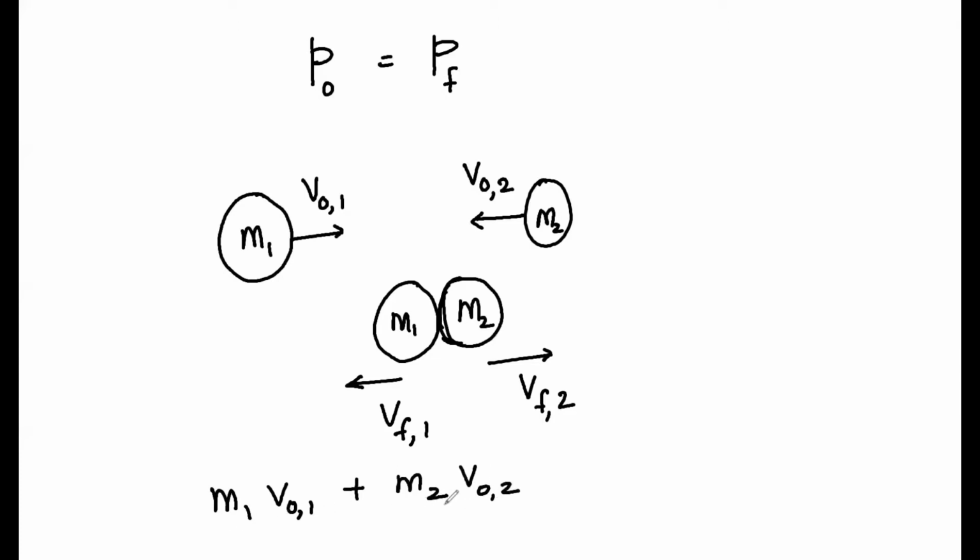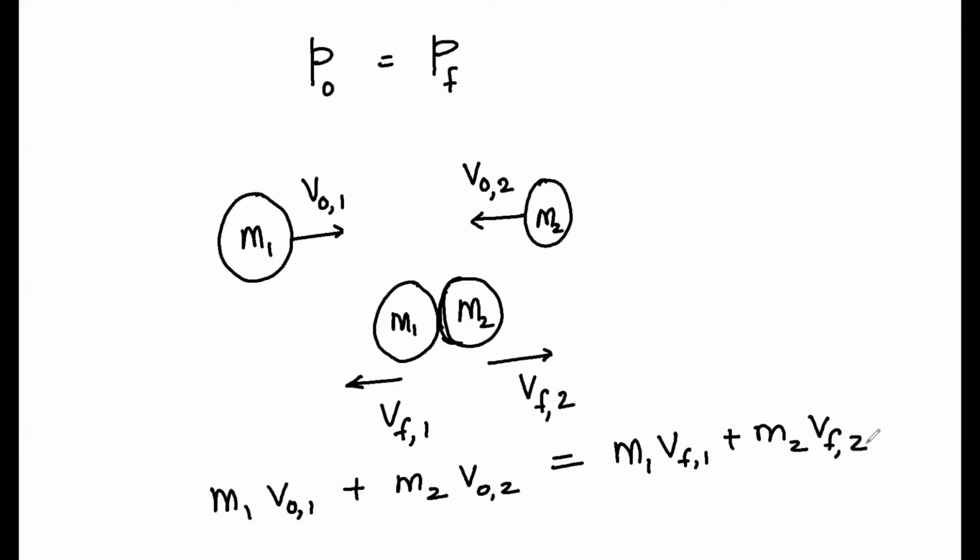This sum of the initial momentums of the two objects is always going to be equal to the sum of the final momentums of the two objects. So that means it's going to be equal to m1 vf1 plus m2 vf2.